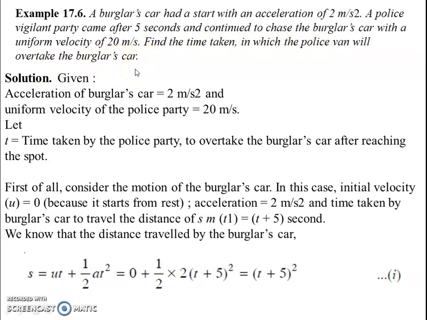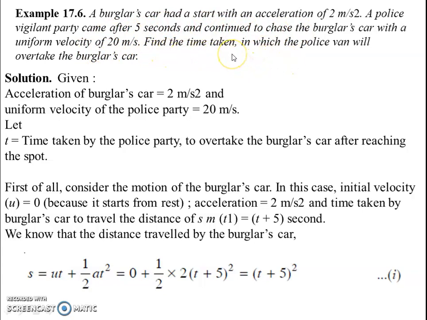So this is a case of chasing a car. The police van has to chase that car after starting 5 seconds after the burglar car crosses the police vehicle. After 5 seconds, the police started chasing it with a uniform velocity of 20 meter per second.